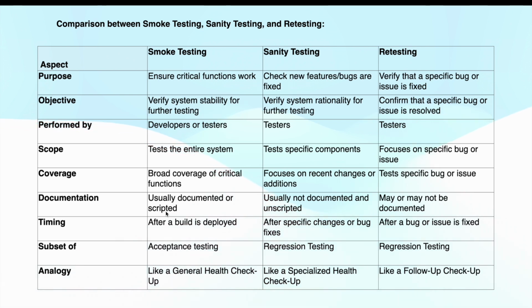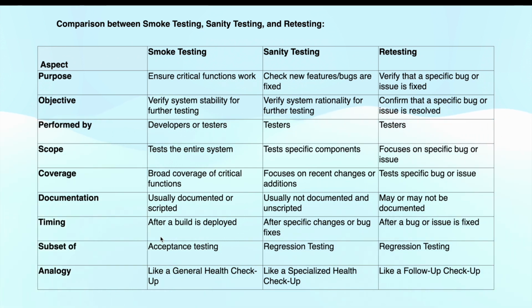Smoke testing is usually documented or scripted with a predefined set of test data. Sanity testing is usually not documented and often performed in an ad hoc manner. Retesting may or may not be documented depending on the organization's testing practices.